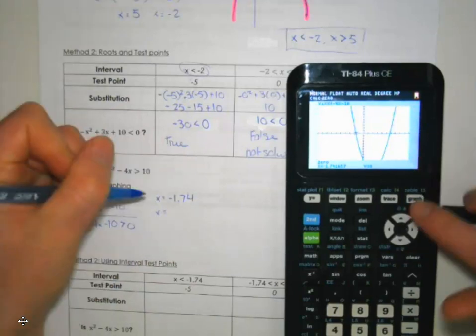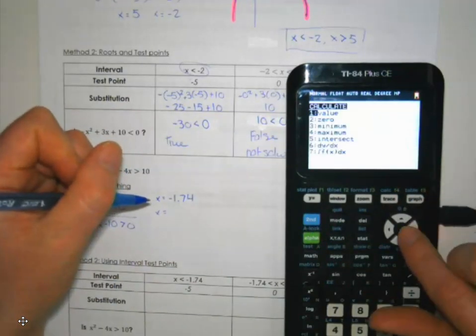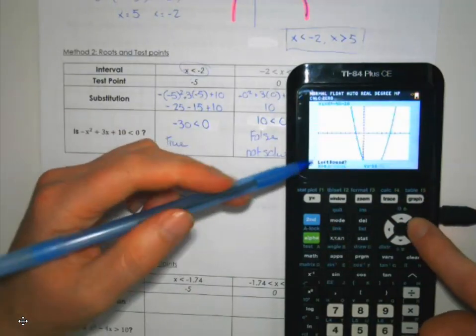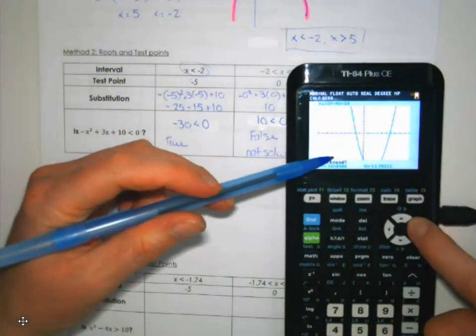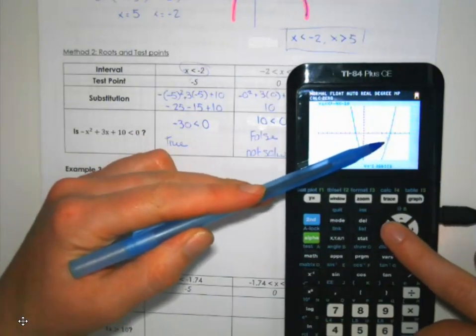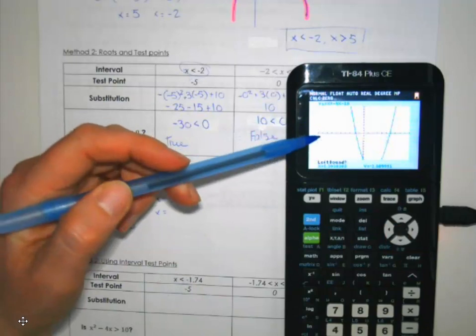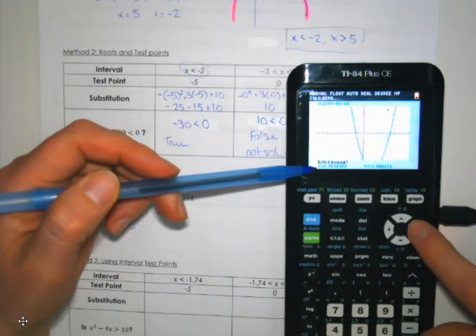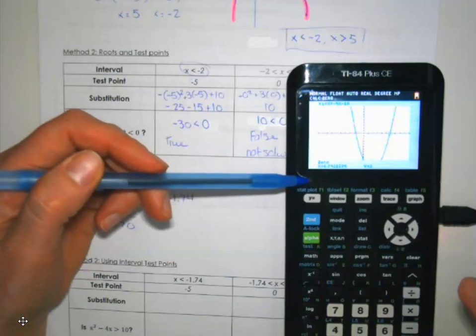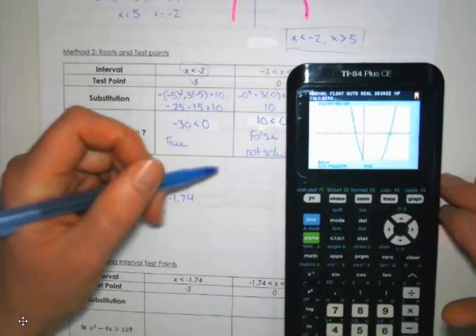And our other one, second function trace, 0. And so again, it's asking you for left bound, so just scroll over so that you're closer to the second intercept, but it's still to the left on the parabola. Hit enter, and then it'll ask you right bound, so go to the right of the x-intercept, and then hit enter again.